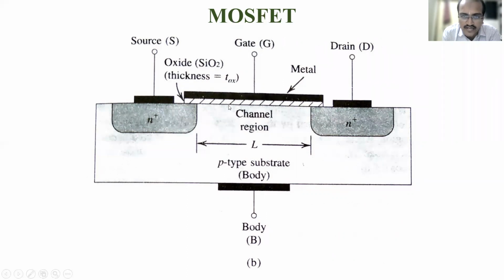Above that, a silicon oxide layer is put with thickness TOX, and then a metal is placed and connected as a third electrode, the gate. This is the body, the surface holding the device, made a terminal called body. Most of the time we will discuss only three terminals.